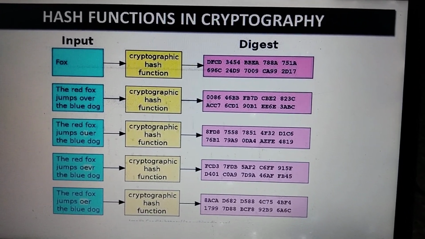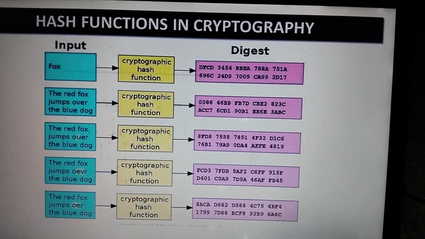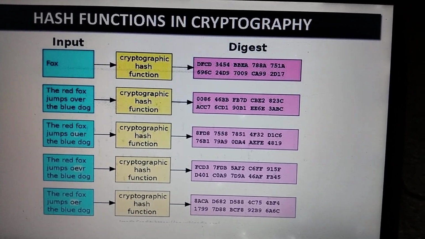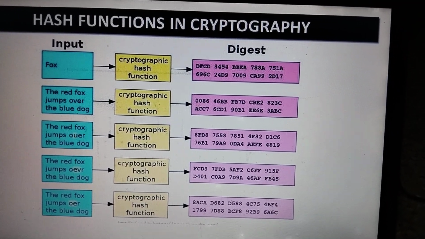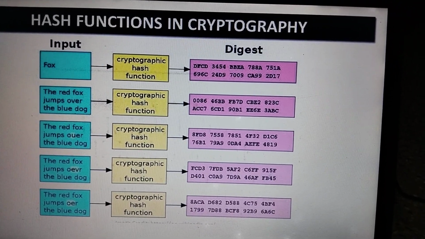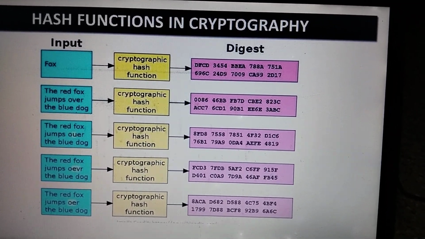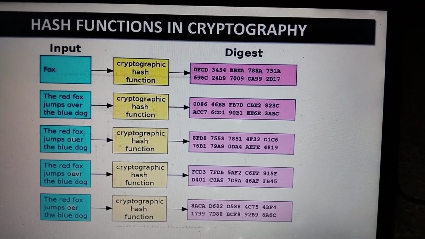The disadvantage of using a hash function is that a collision may occur, because each input will be converted into a unique size of output. So what will happen here is that a collision may occur. So this is the drawback of the hash function.